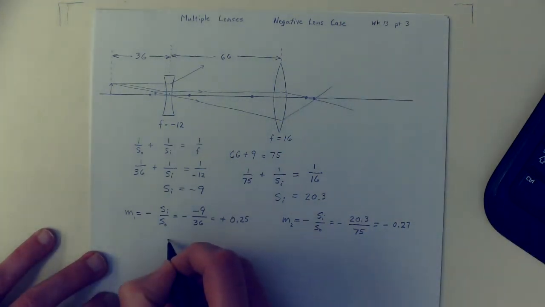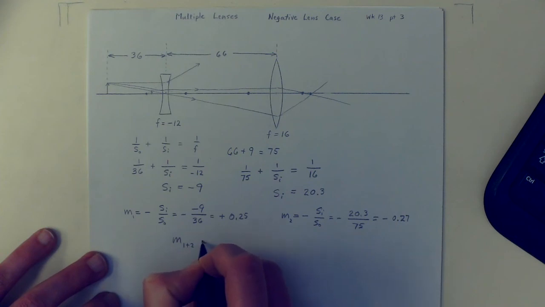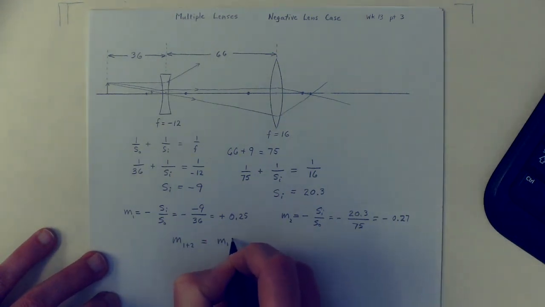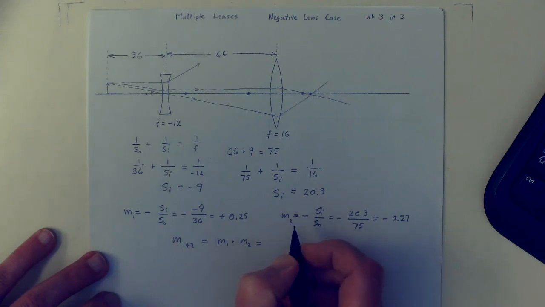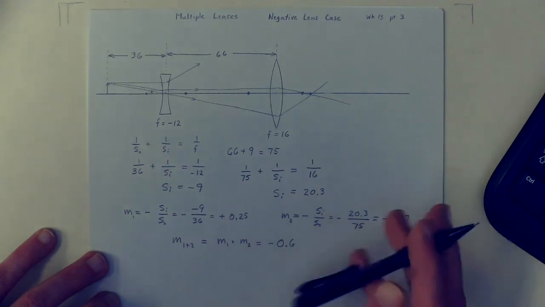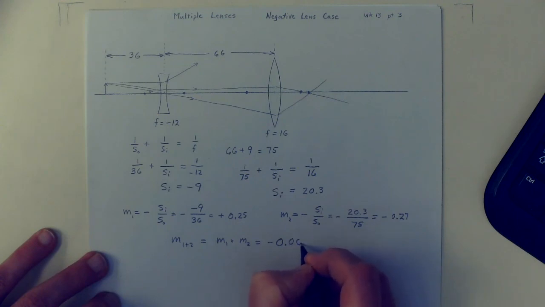And then the overall magnification of this whole system, if you were to say 1 plus 2, both lenses together, is the product of M1 times M2. And the product of those two, when I multiply them together, I get minus 0.0678.